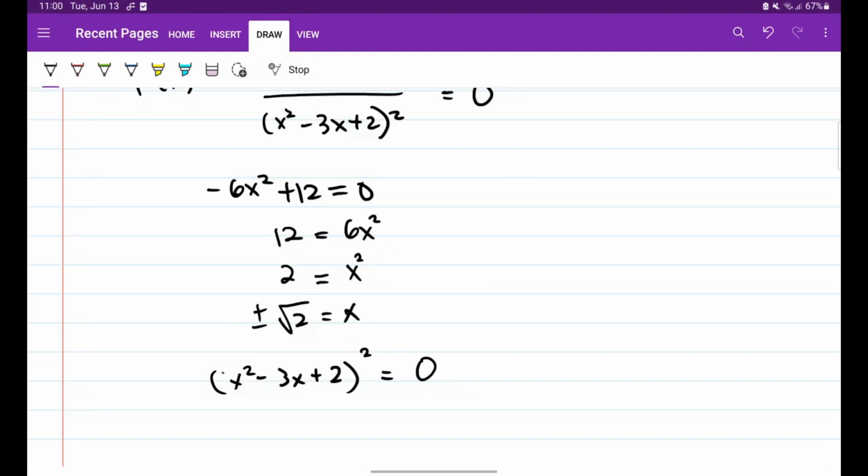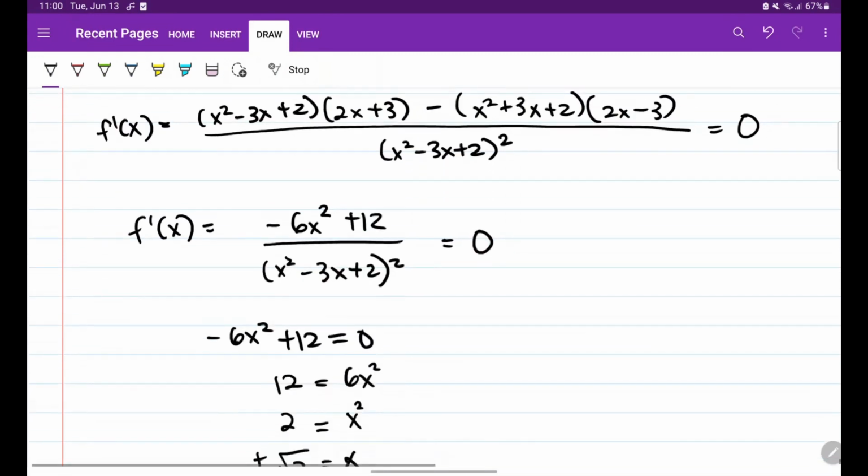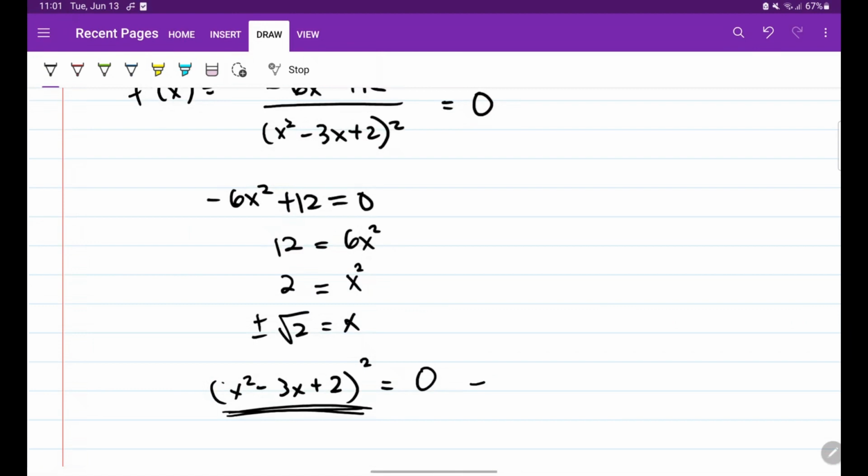Pero, take note that pagka nakapaghanap tayo ng values of x na makakapagpa-0 dito, then our function x squared plus 3x plus 2 over x squared minus 3x plus 2 ay magiging 0 yung denominator. So, magiging undefined siya. Okay? So, meaning, we don't need to look for the critical numbers for this one. Okay? So, no need to solve for critical numbers.